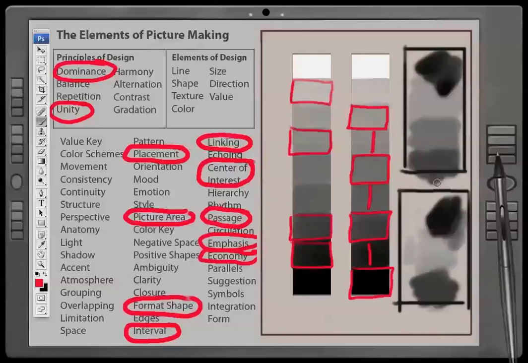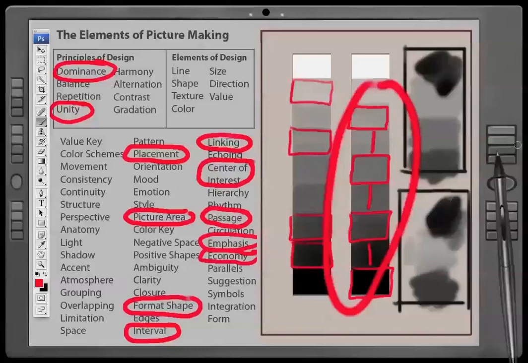So this is just an abstraction, as you can see, but if I did an actual painting using this irregular interval of values, I think I would wind up with a much more interesting painting than if I applied these values over here that are at equal intervals.